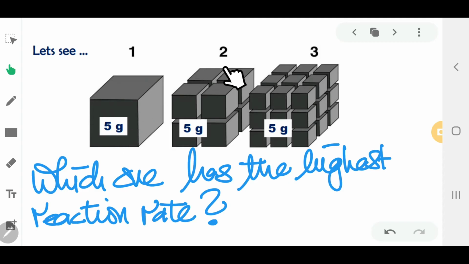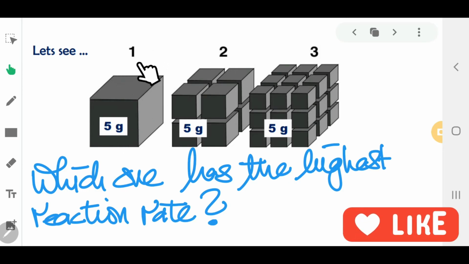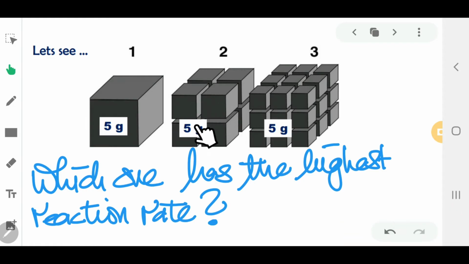In situation 2, you have divided the particle with the same mass, but it is divided further into 1, 2, 3, 4, 5, 6, 7, and 8 parts. And in the third situation, the same mass of compound is divided further into even smaller pieces, and you have that in this condition.